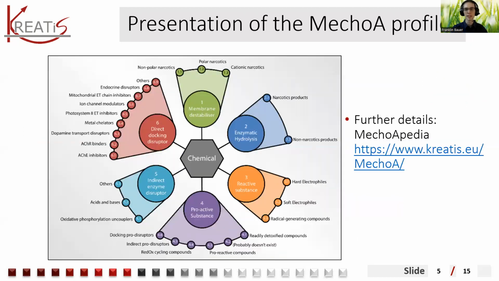Before we go through some case studies, I'd like to give you an overview of the categories that can be predicted by the MechoA scheme. You can find details on each MechoA class using the MechoApedia at the address shown on the screen. Rapidly, if the substance is predicted as having only a MechoA 1, it means that it is not expected to have any significant reactivity or specific interaction with biological material.